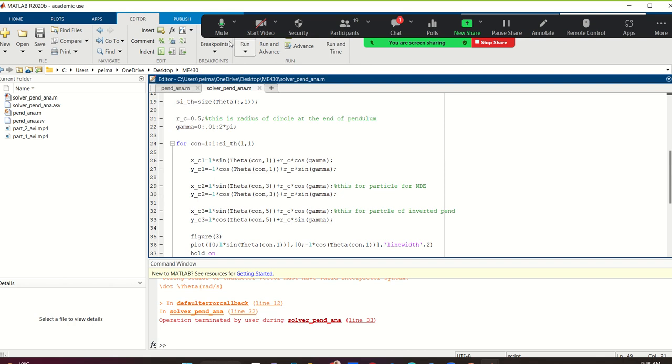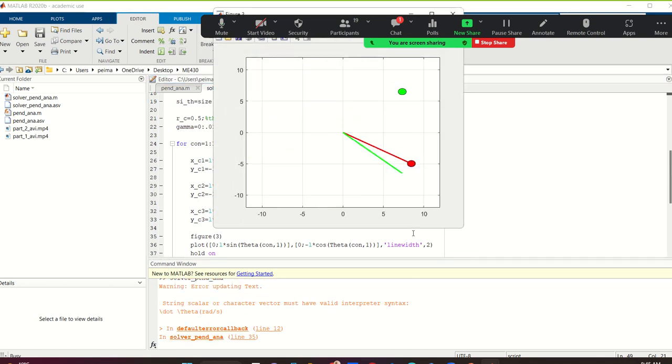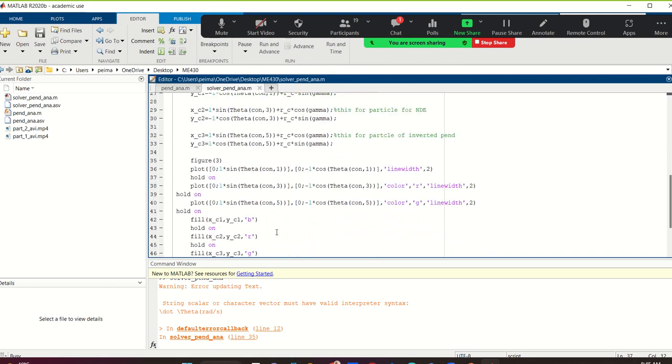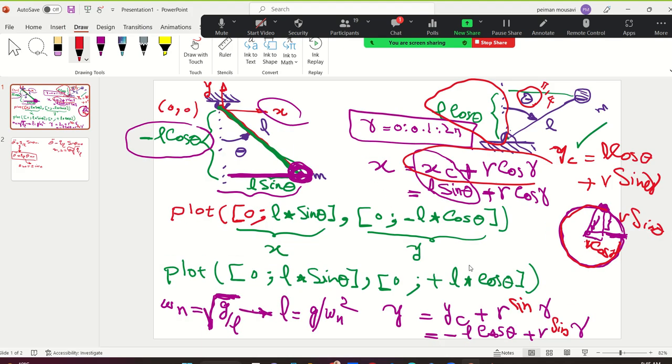First, let's debug it. Oh, something is wrong. What's wrong? Oh, see? There we go, guys. That's wrong. I forgot to fix it.